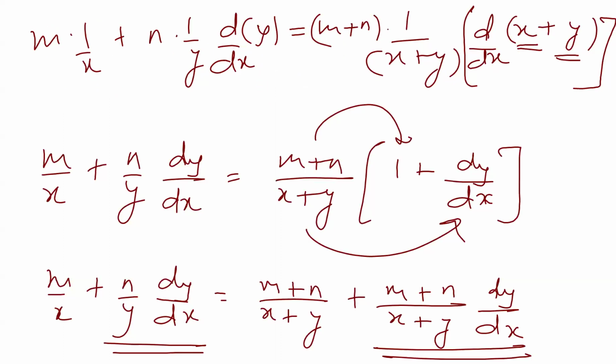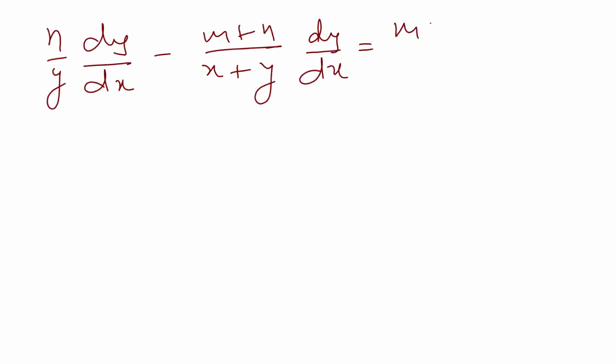And I will take the non dy by dx terms and keep it on the right hand side. So this green colored terms I'll keep it on the right hand side. So m plus n upon x plus y minus n upon x, minus m upon x. Sorry.